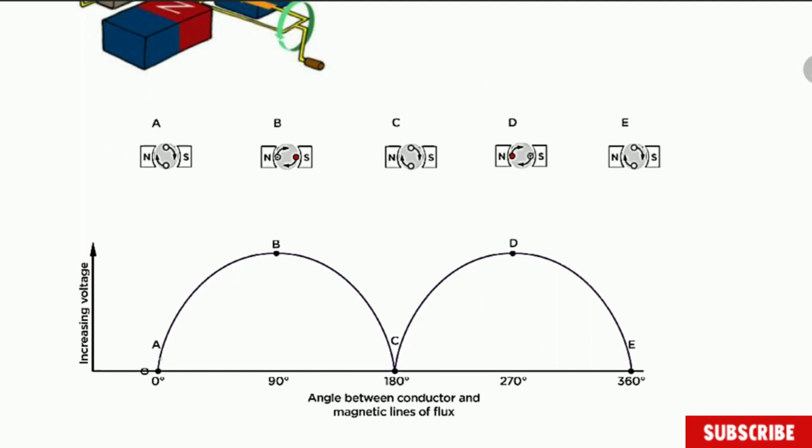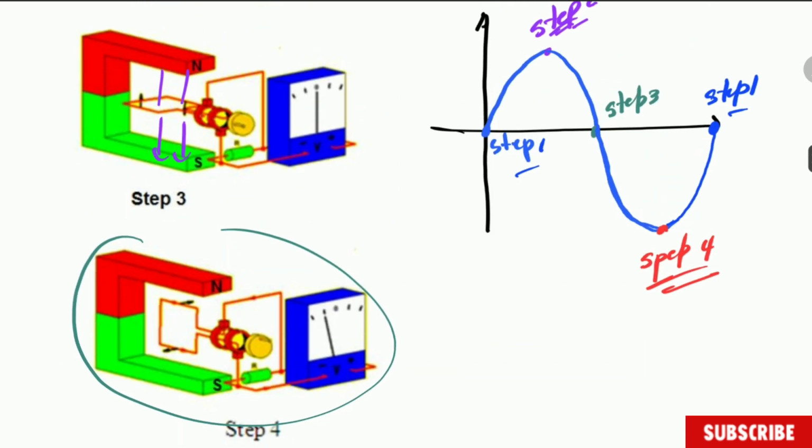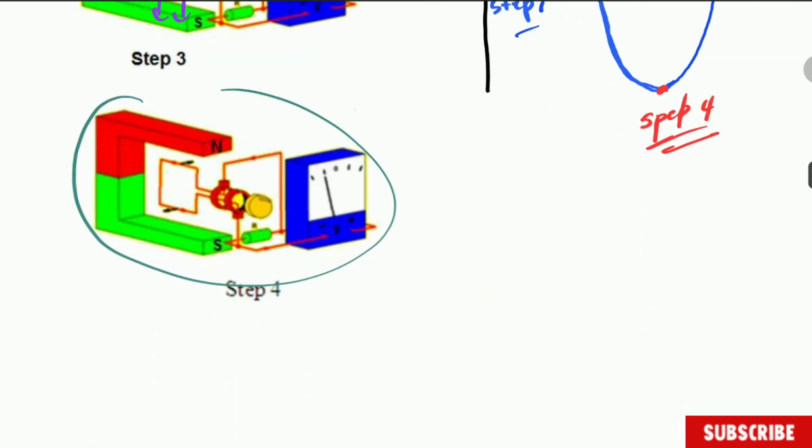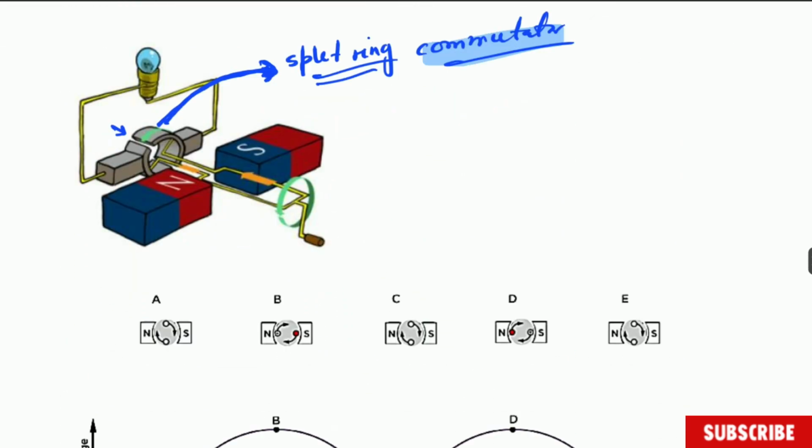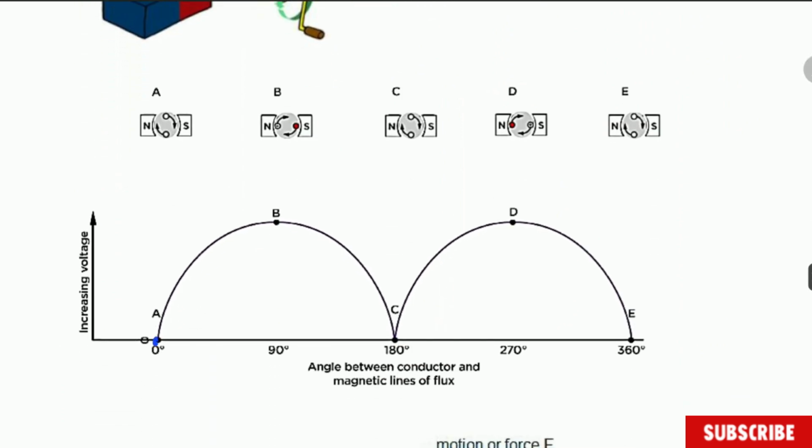So if we go back to steps 1, 2, 3, and 4, as you can see, step 1 is when you start with the vertical position, or maybe perpendicular position to the magnetic field. This one here is step 1. You start from 0.